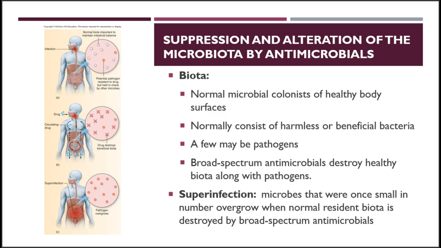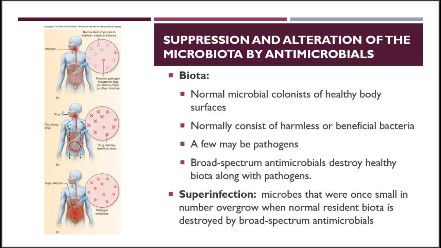Sometimes they might be pathogens, but in very few numbers. When we take a broad spectrum antimicrobial, that antimicrobial doesn't just destroy the pathogenic bacteria, but it also destroys our normal good biota. And this can lead to what is called a superinfection.